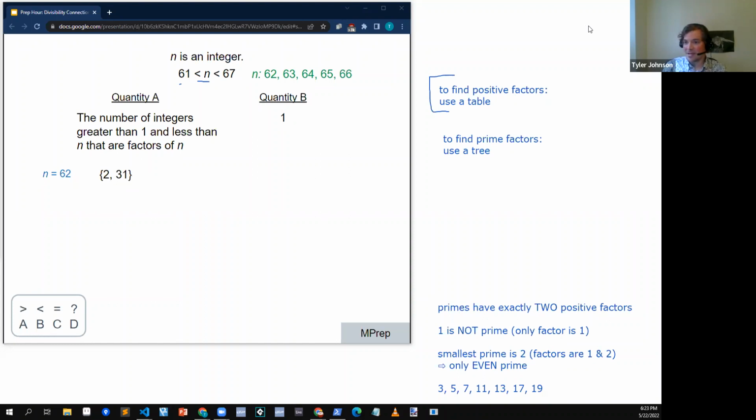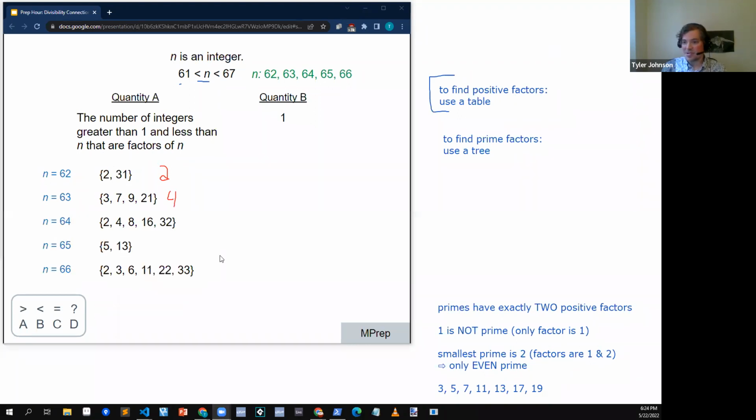Likewise with 63, in addition to 1 and 63, which I have to ignore, we could have 3, 7, 9, or 21. So far, this tells me if n were 62, quantity A would be 2, because I have 2 factors other than 1 and the number itself. If n were 63, quantity A would be 4. It's got 4 factors other than 1 and 63.